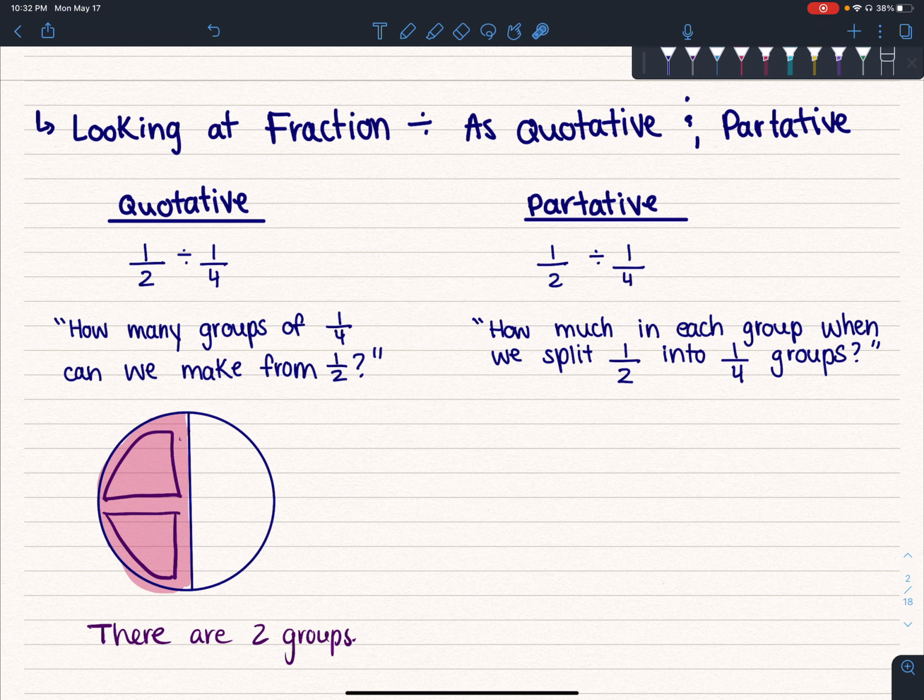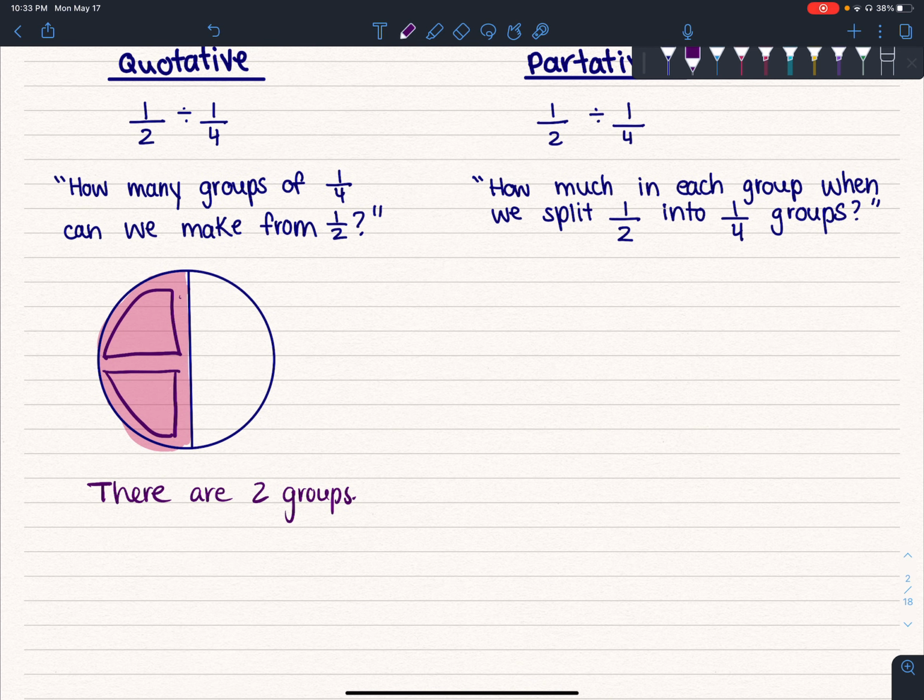So when we have a fraction division and we want to express it in a partitive way, the question changes a little bit, because this question format doesn't make any sense. It's not telling us anything. What is a quarter group? What does that even look like?